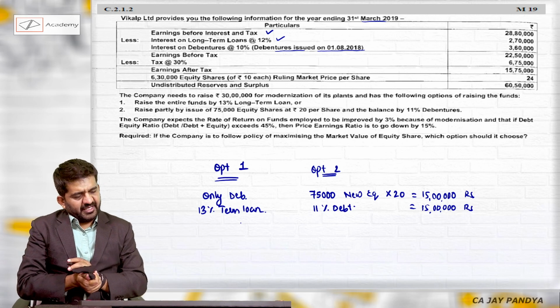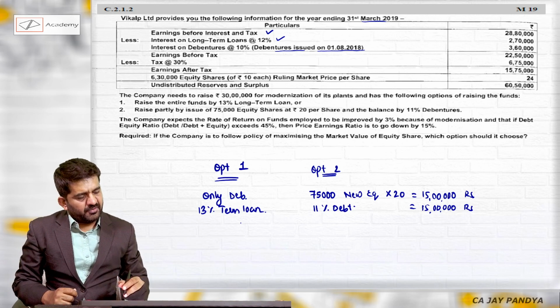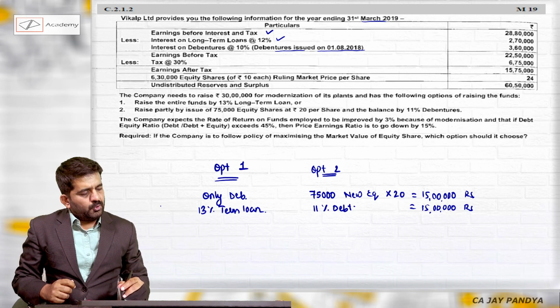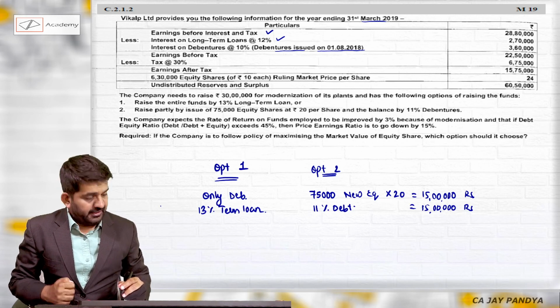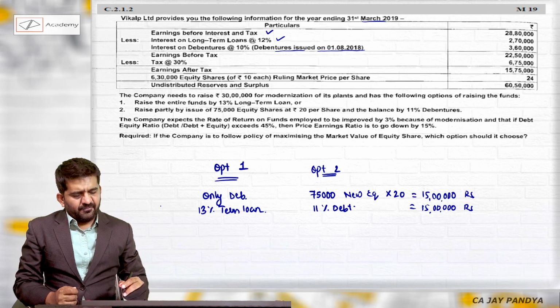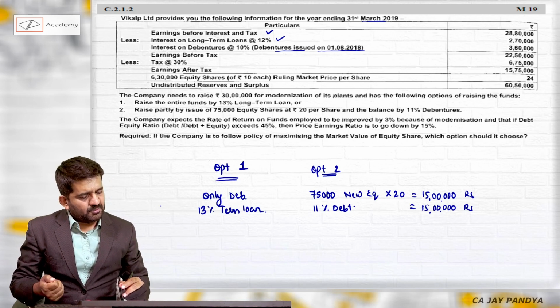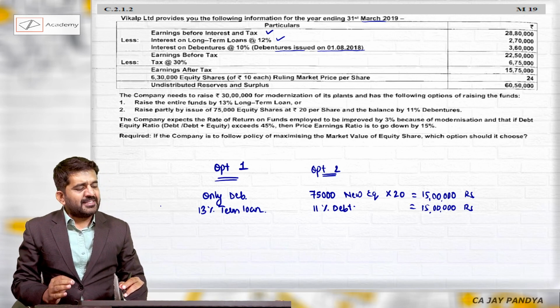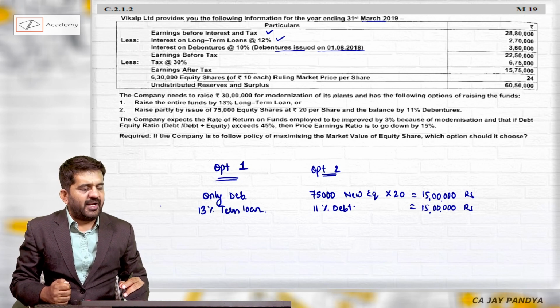The company expects the rate of return on the funds employed to improve by 3% because of modernization, and that if the debt equity ratio exceeds 45%, then the price earning ratio will go down by 15%.